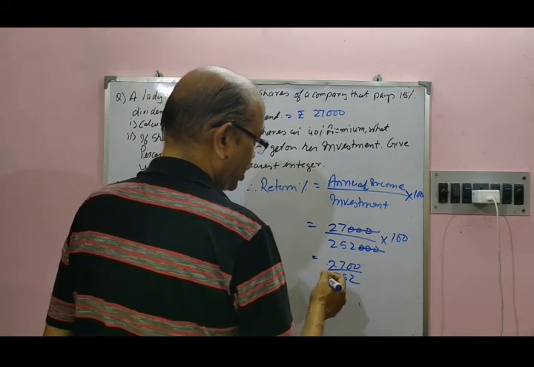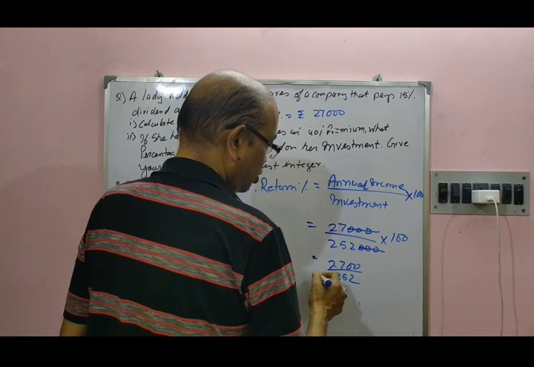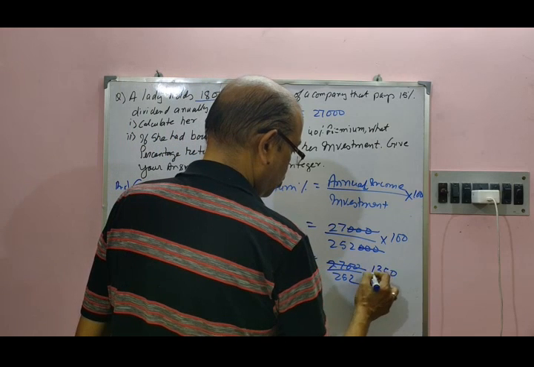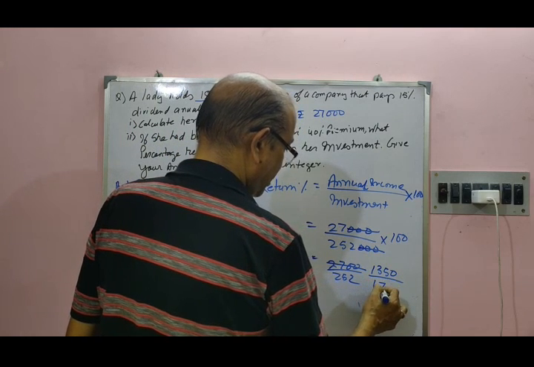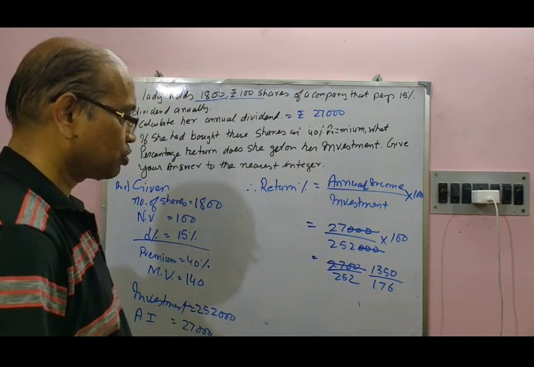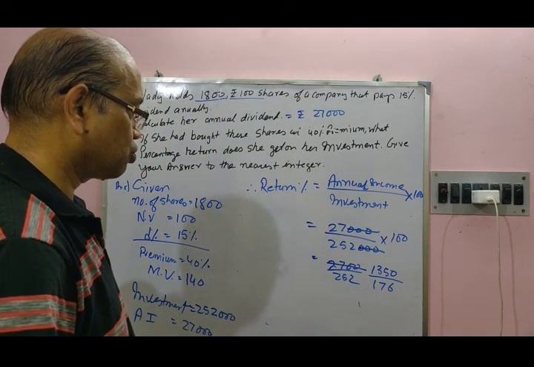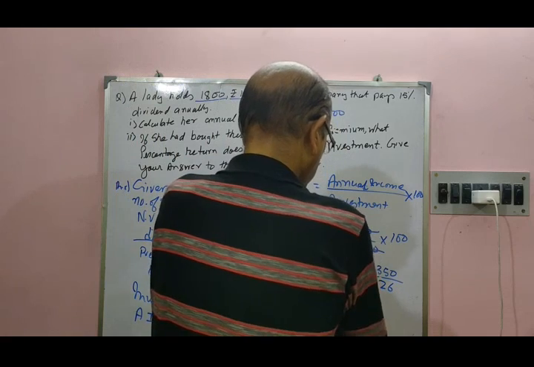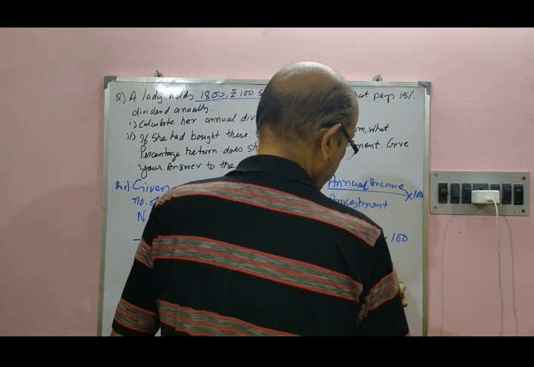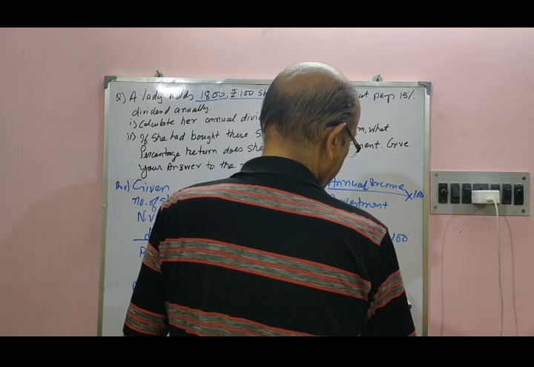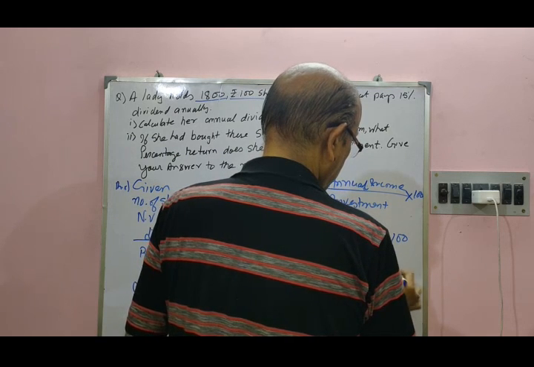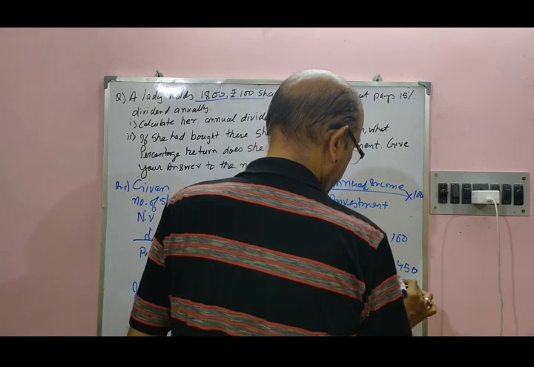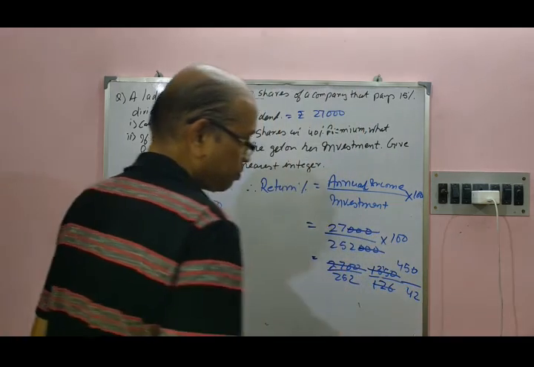We can do this by normal divisions, or we can reduce it also. If you want to reduce it by 2, so this is going to become 1350 by 126. Again 450 by 42.